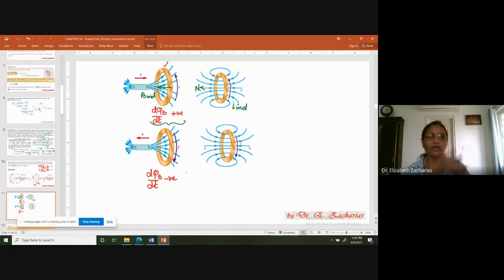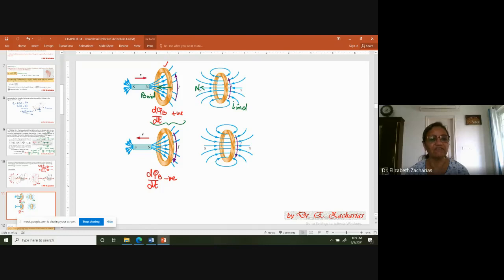What that loop actually tries to do is, it does not like change. Whenever the flux is increasing, it sets up a magnetic field in the opposite direction. Here, in the second case, the magnetic field applied is the same as in the first situation, but the flux is decreasing.